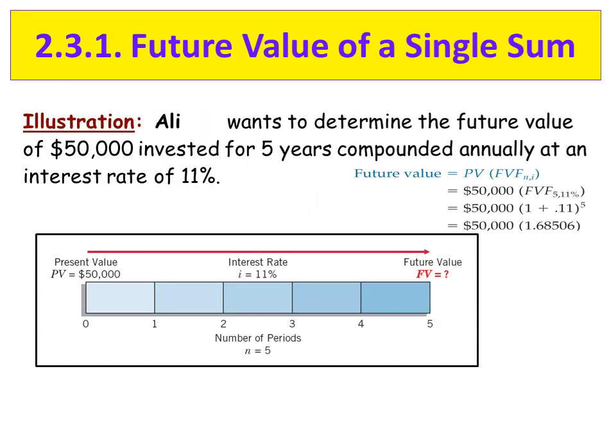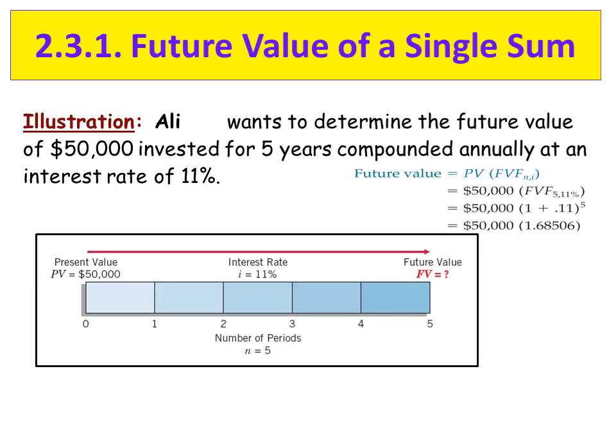Let us see again. Future value of a single sum. Illustration. Ali wants to determine the future value of $50,000 invested for 5 years compounded annually at an interest rate of 11%. Now let us identify the components.